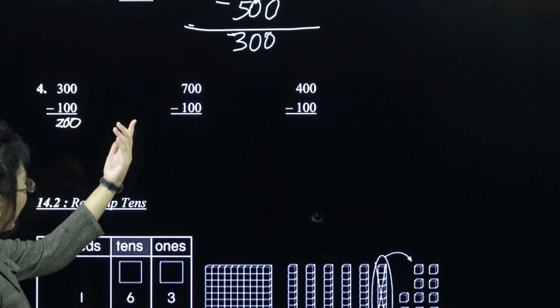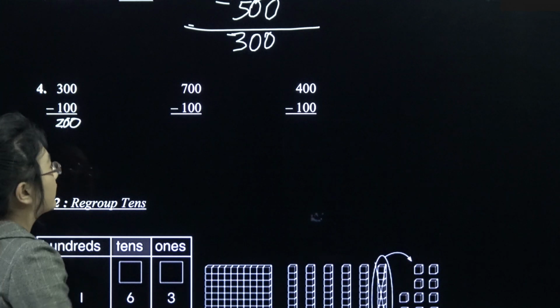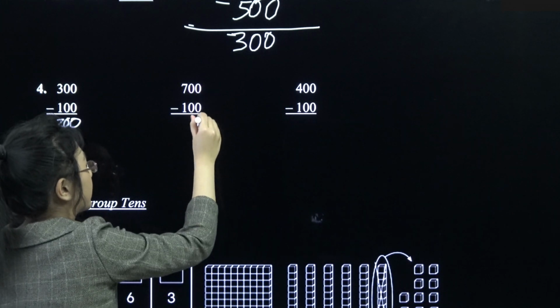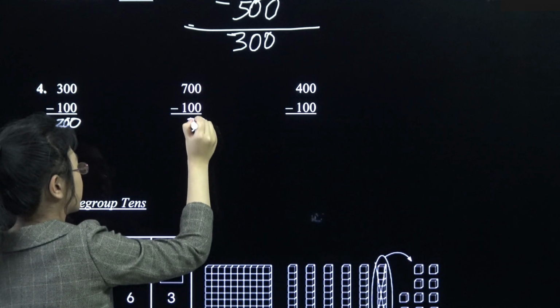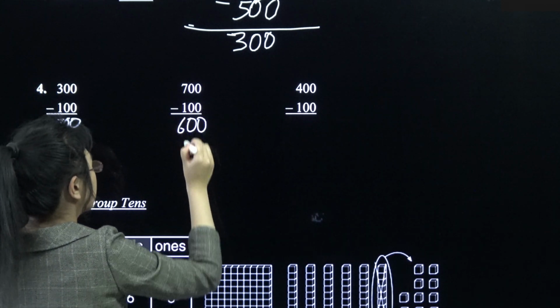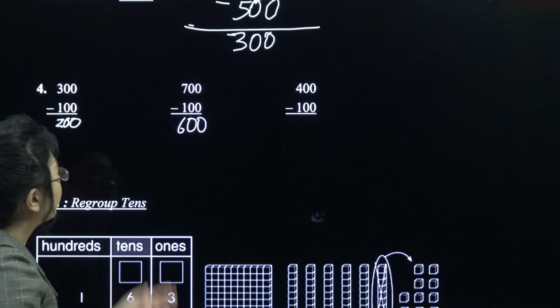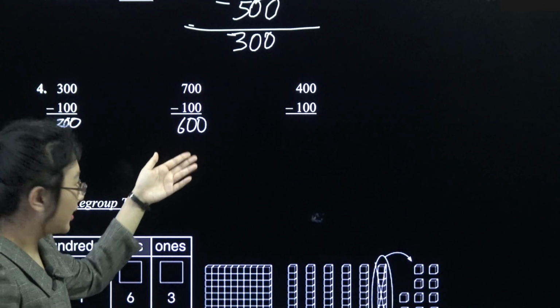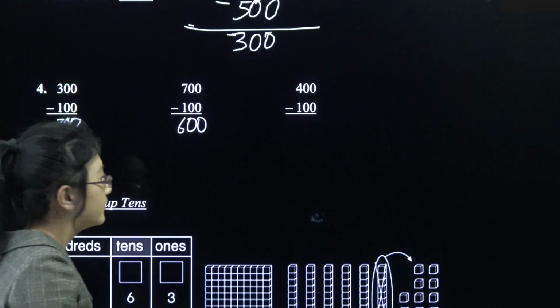But usually we calculate from right to left. By that I mean 0 minus 0 equals 0, 0 minus 0 equals 0, and 7 minus 1 equals 6. Therefore, 700 minus 100 equals 600.